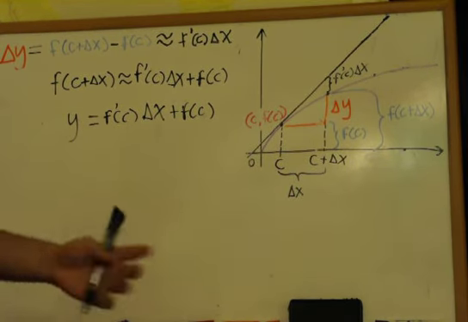So now, as you can see, check it out graphically. The smaller the delta x value, or the smaller the magnitude of the distance between the value we want to approximate and the easier value c, the smaller that distance is, the better the approximation.